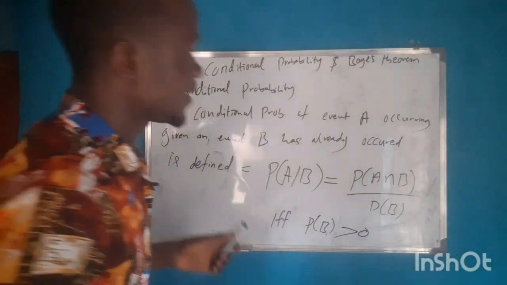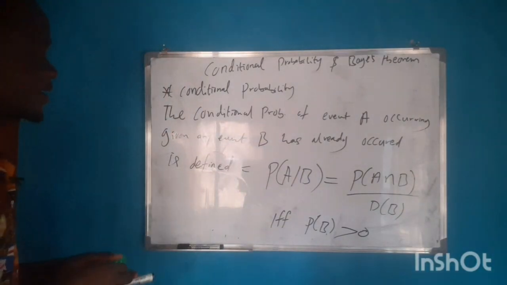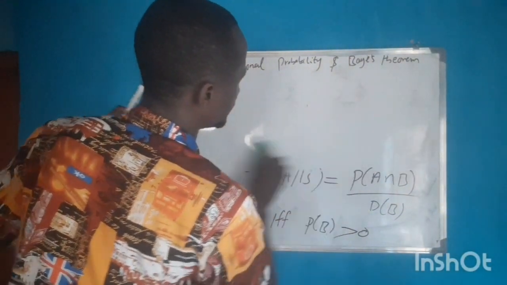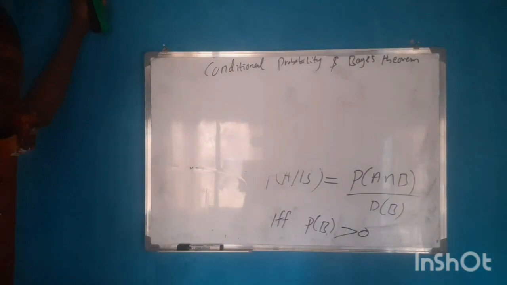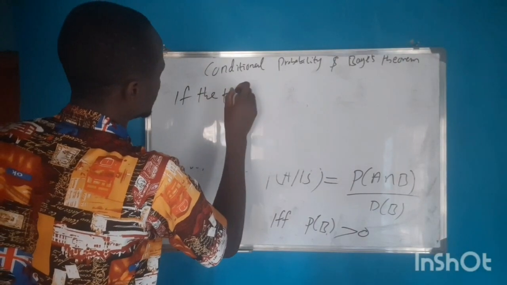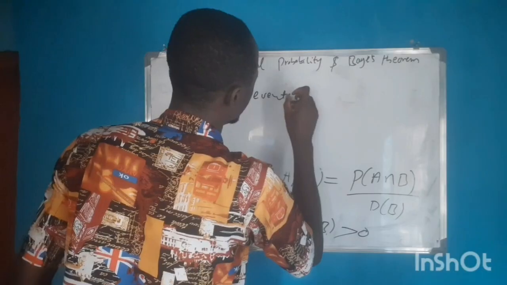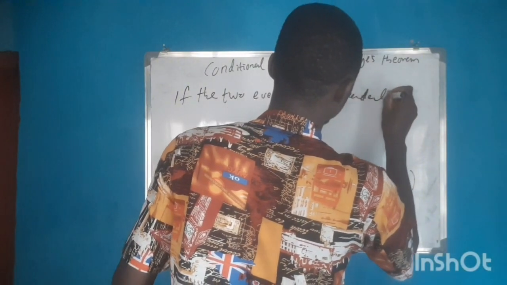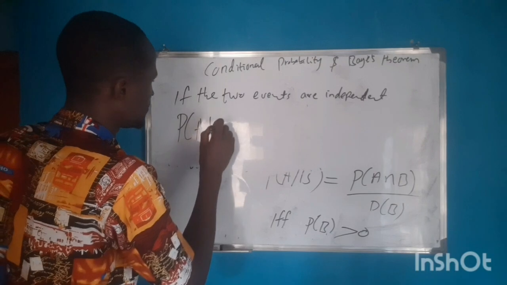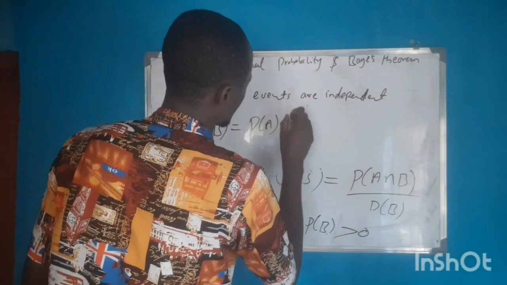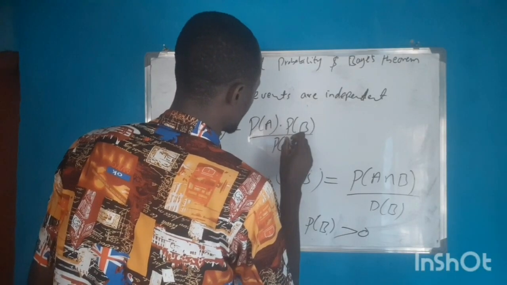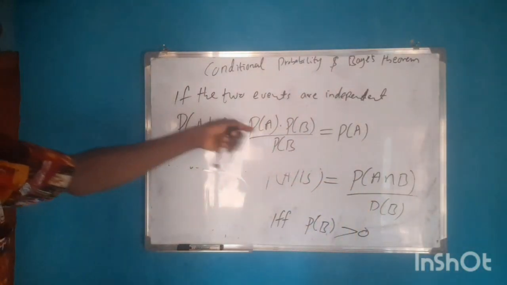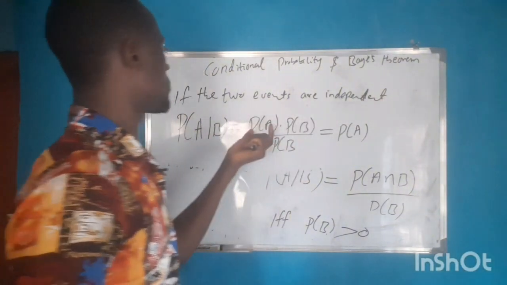If the two events A and B are independent, then the probability of A given B is equal to probability of A times probability of B all over probability of B, which is equal to probability of A. This holds if the two events are independent.